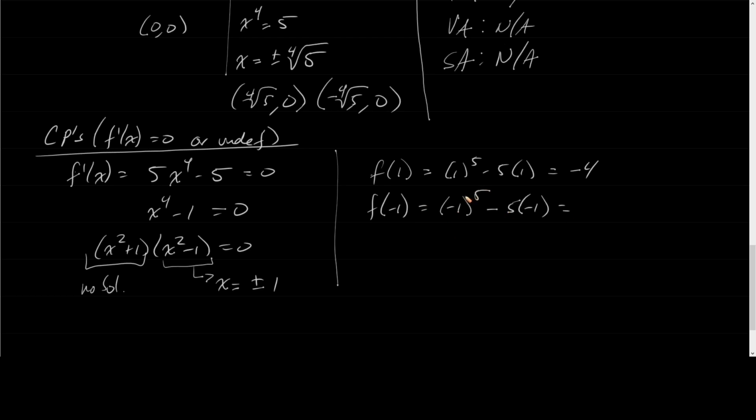Negative 1 to the fifth, a negative raised to an odd power, stays negative, so I have negative 1. And then negative 5 times negative 1 is positive 5. Negative 1 plus 5 is 4. So now we've got our actual critical points: the points (1, -4) and (-1, 4). All right, so that's critical points.